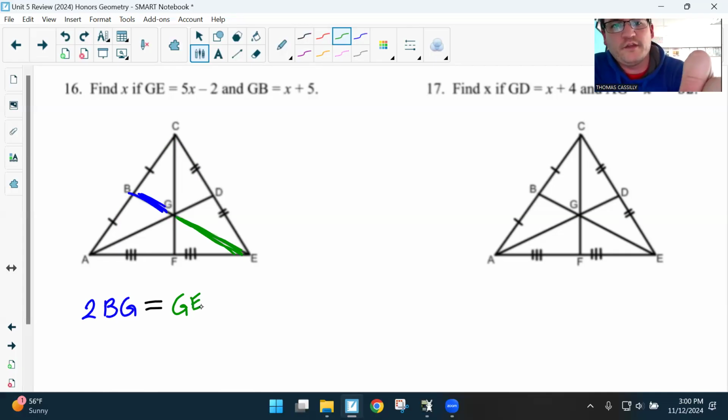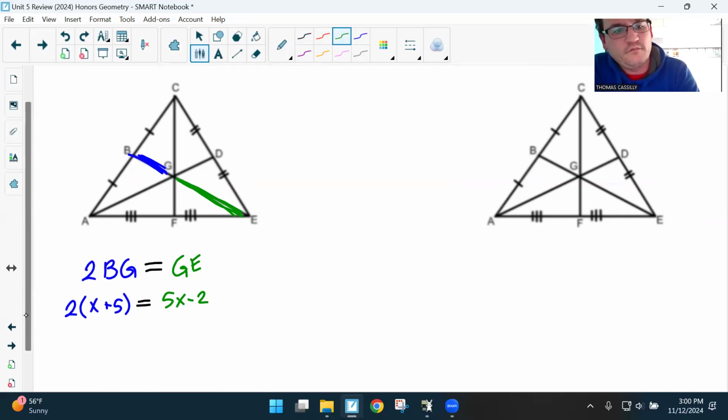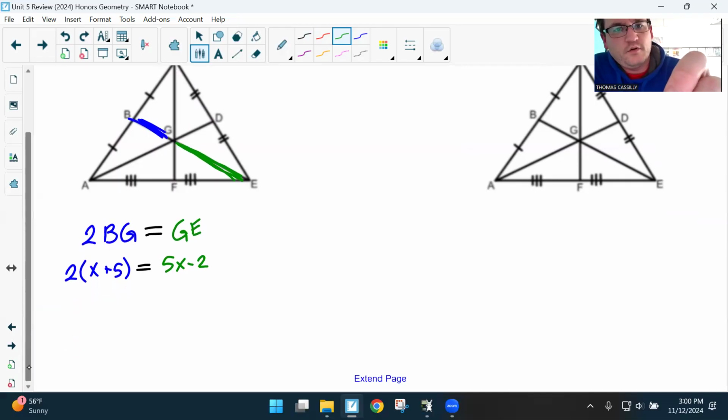So we can plug everything in. So I have 2 times x plus 5. This is going to be equal to GE, which is 5x minus 2. All right, so let's solve this.